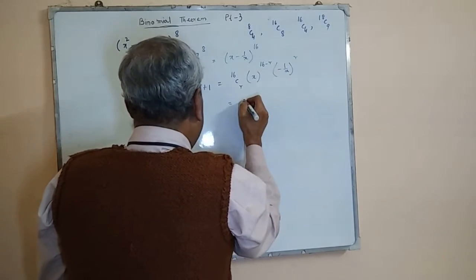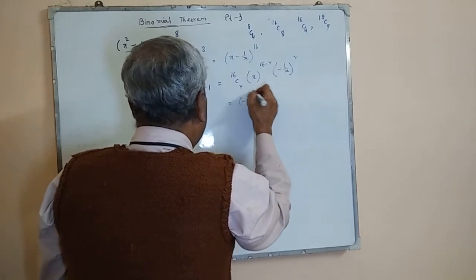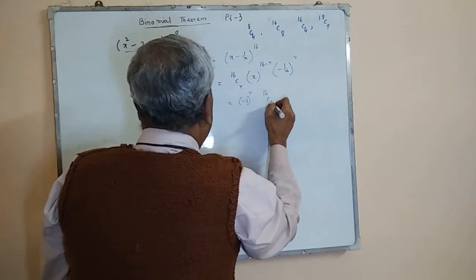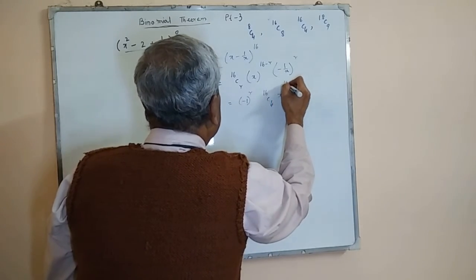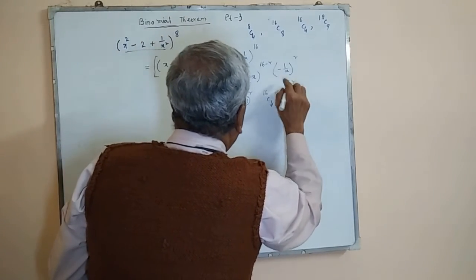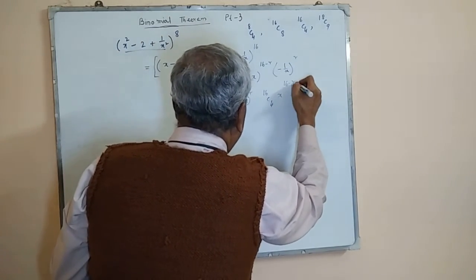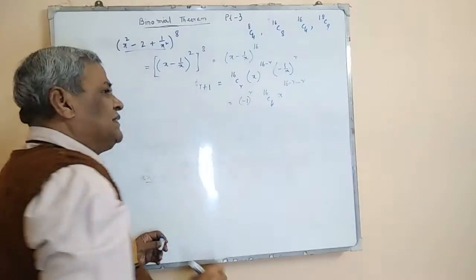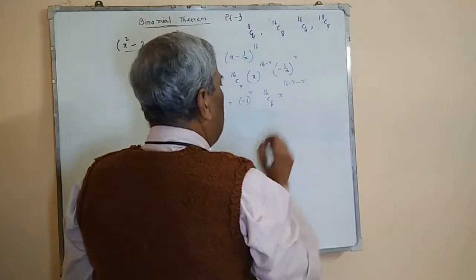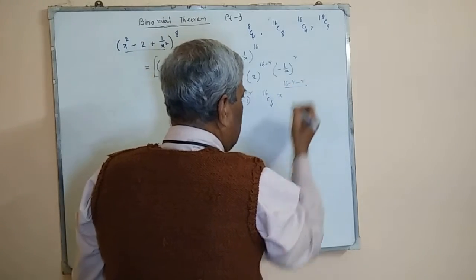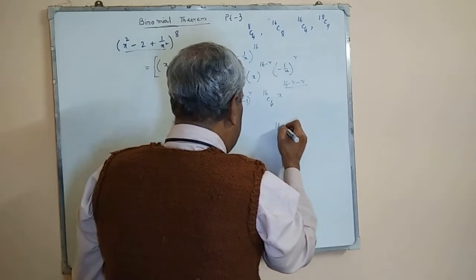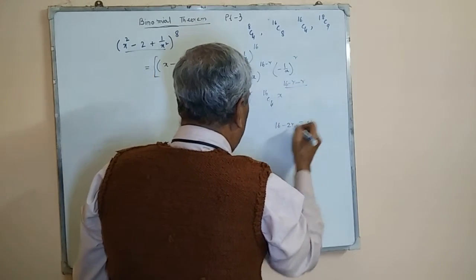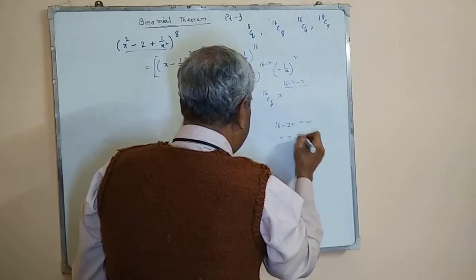That is, it is minus 1 to the power r into 16cr into x to the power 16 minus r into 1 by x to the power r. So as per our condition, this term is independent of x, this power must be 0. So 16 minus 2r is equal to 0, r is equal to 8.